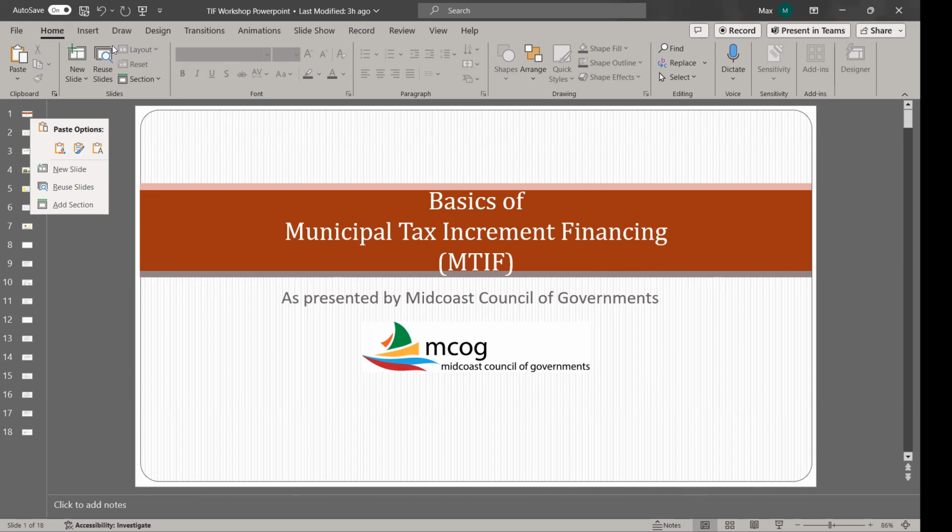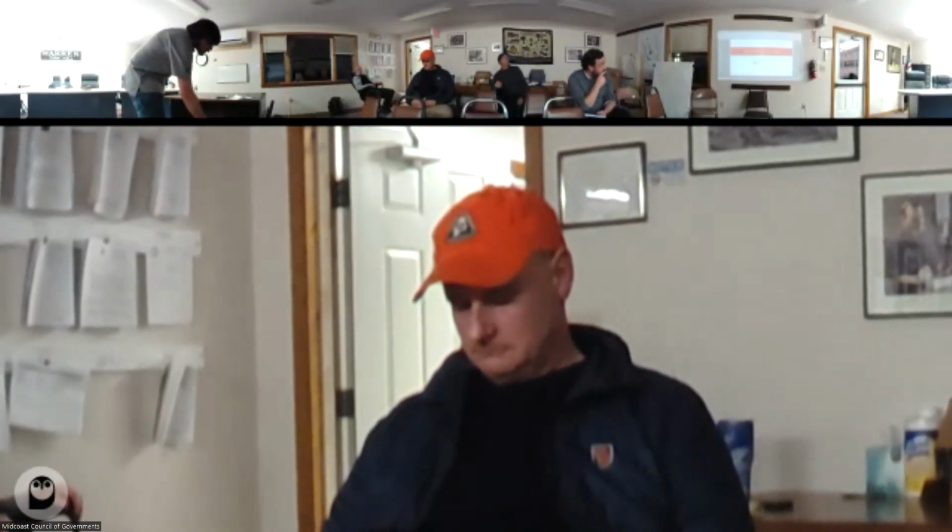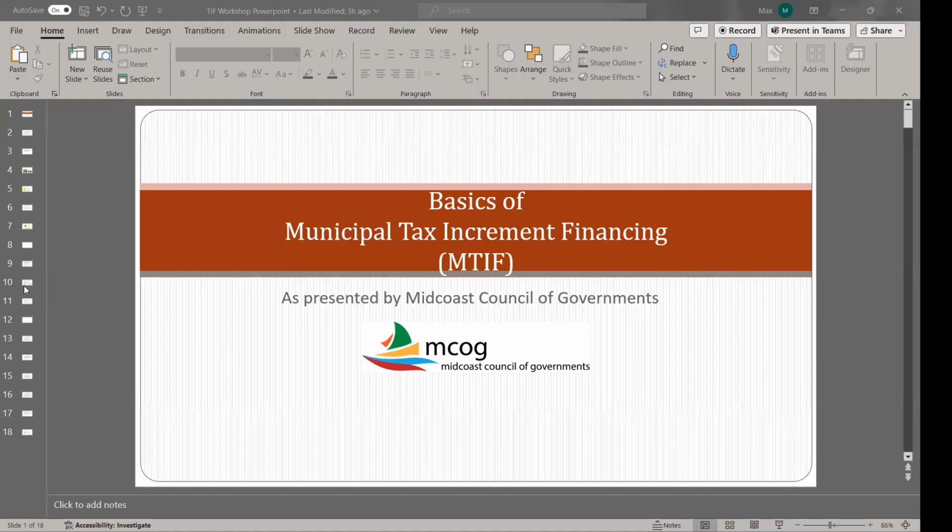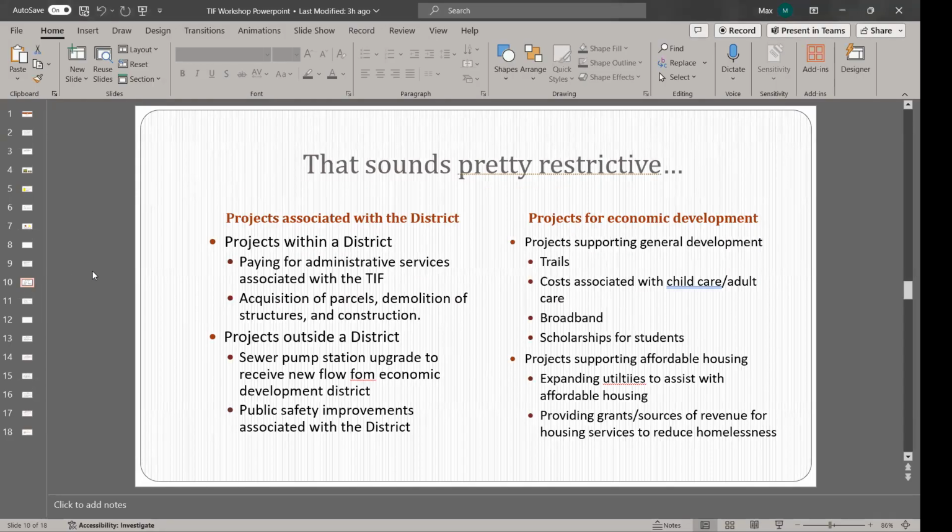My question is, if you could go back to slide 10, where you talk about eligible projects. You mentioned a few things that I think do relate to funding and financing climate change. You mentioned culverts. That's obviously top of mind in many towns this week, again. I want to tie this to your penultimate slide too, where you're talking about future changes to the TIF program that the legislature might consider.